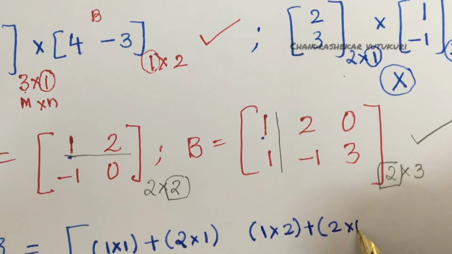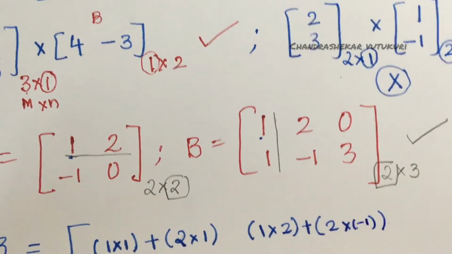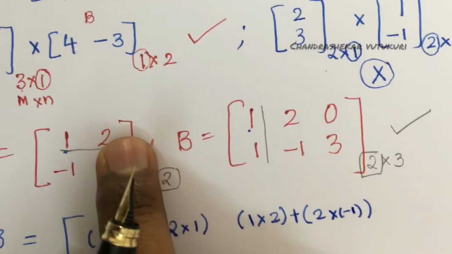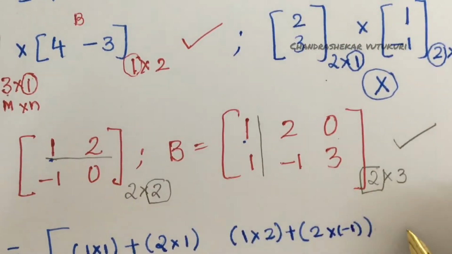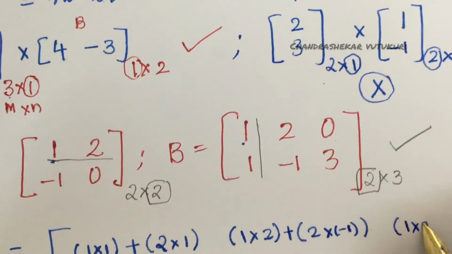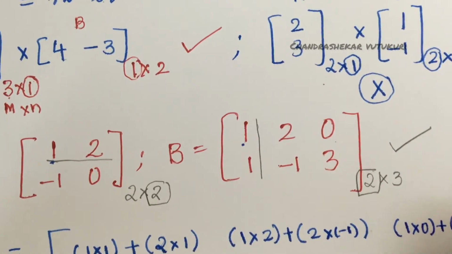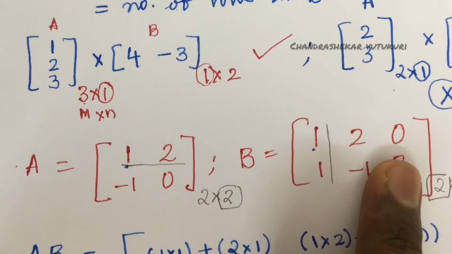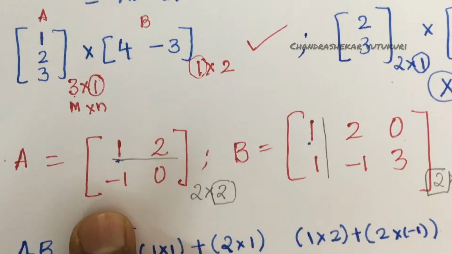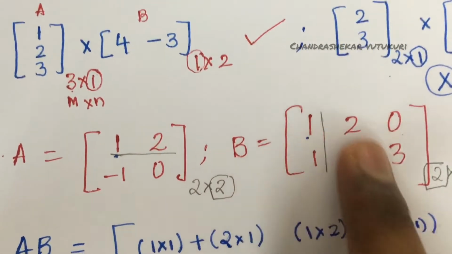Later, this row needs to be multiplied with the column 3 of the matrix B. So, this is all about 1 times 0 plus 2 times 3. By this, we can work out even the second row with all the columns.